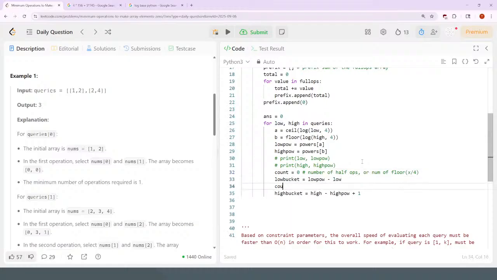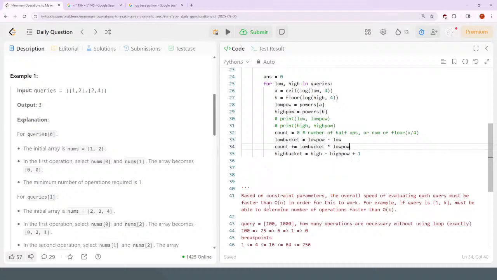So this should be count plus equals low bucket times the low pow, I think. So if the low pow is 1, the low bucket... I'll say the low power is 2.